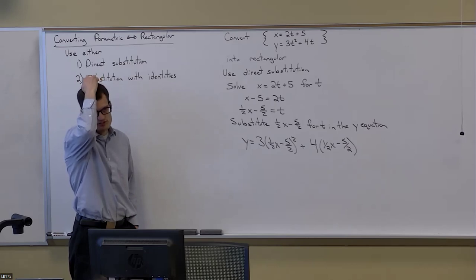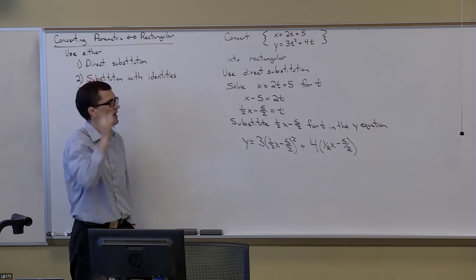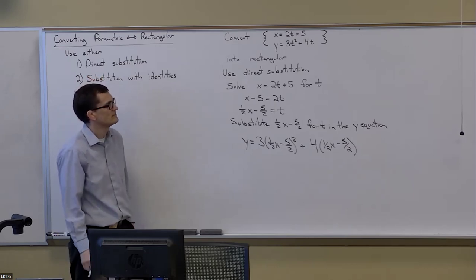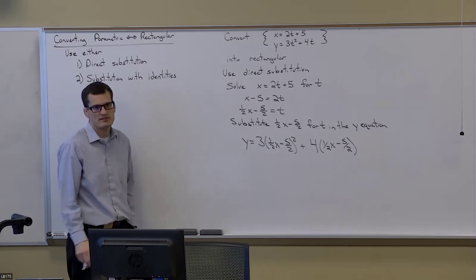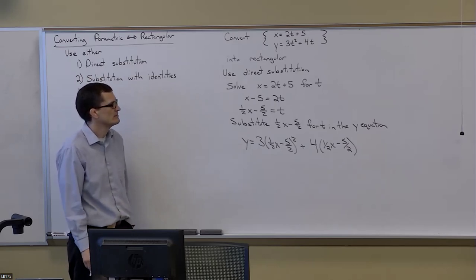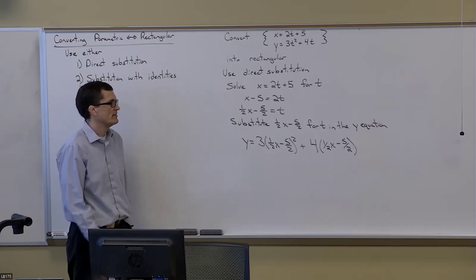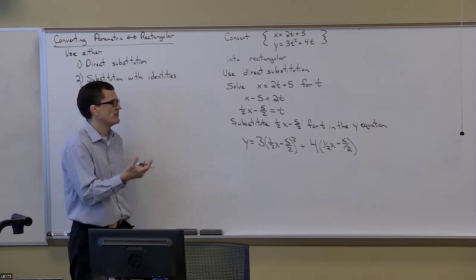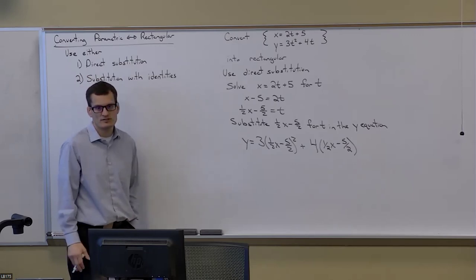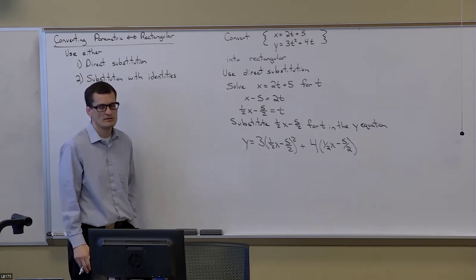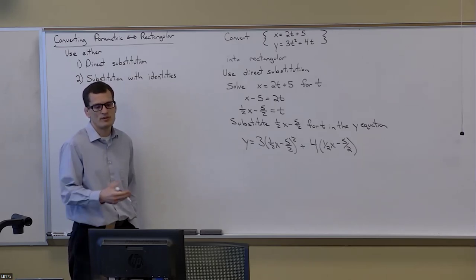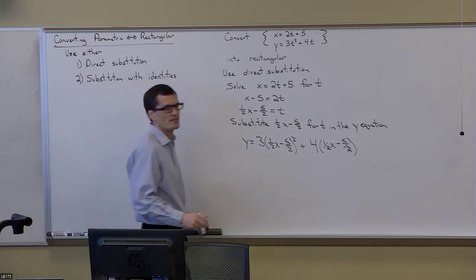Or if things just used e to the power of something to the t, you could solve for e to the t. And so solve for t and then replace it in the other equation. So that's direct substitution.